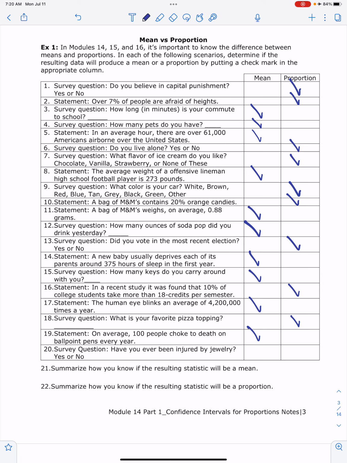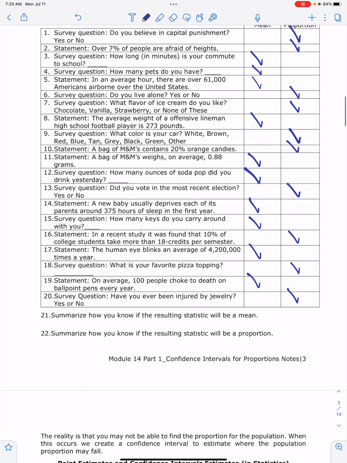20, have you ever been injured by jewelry? Yes or no? That is a proportion. 21, the resulting statistic will be a mean if we have numerical data, where the average makes sense.